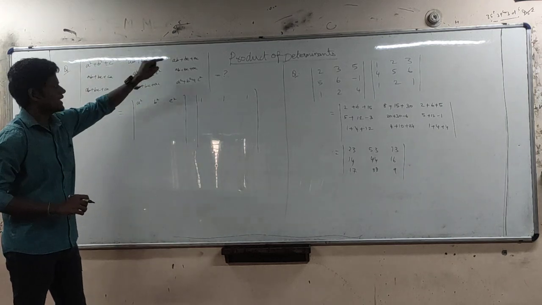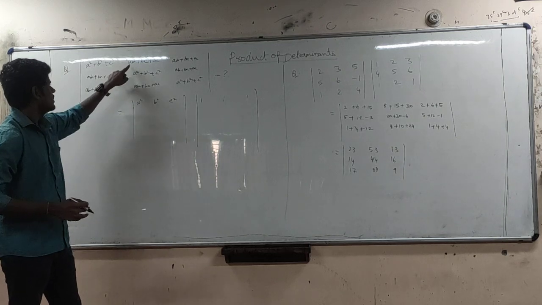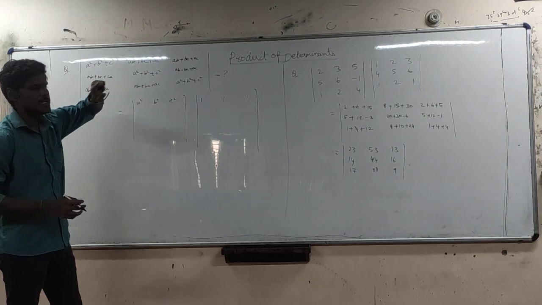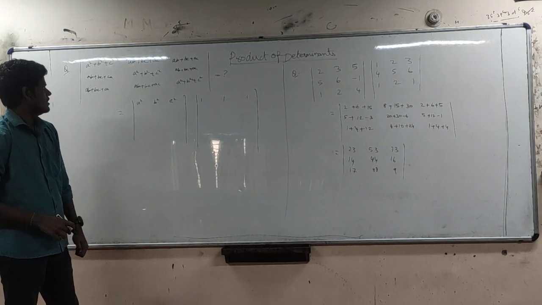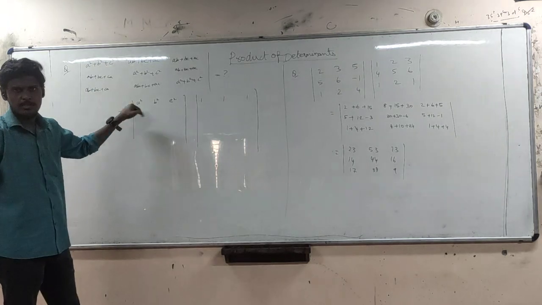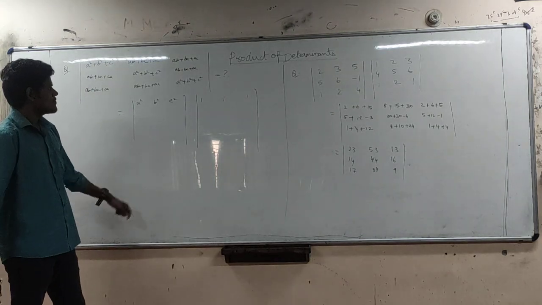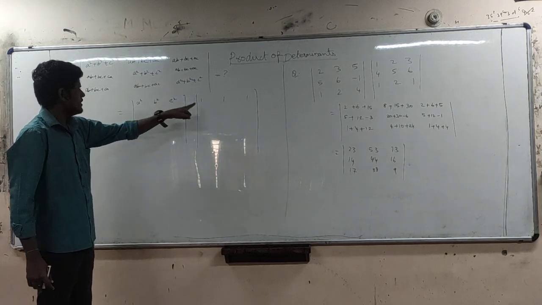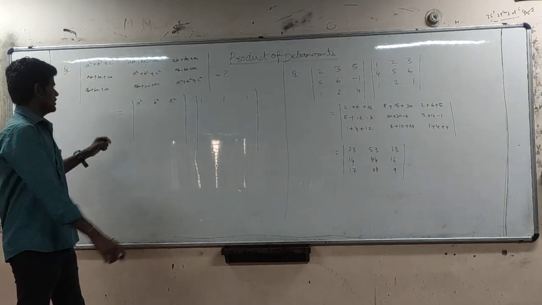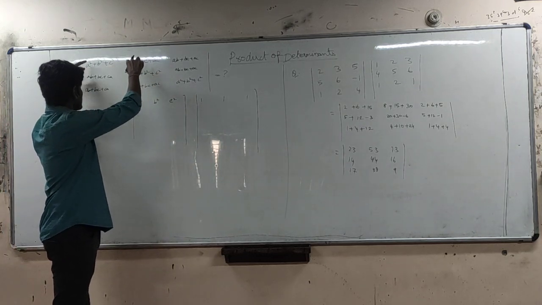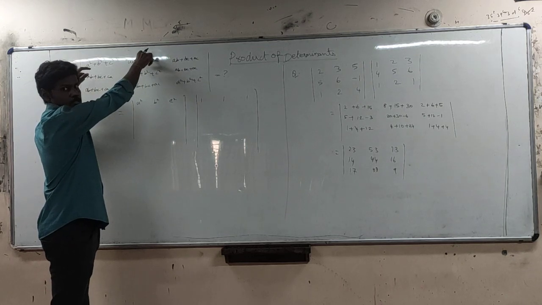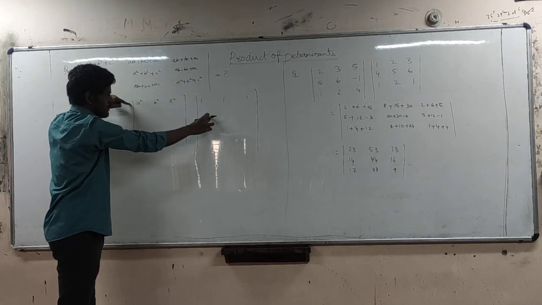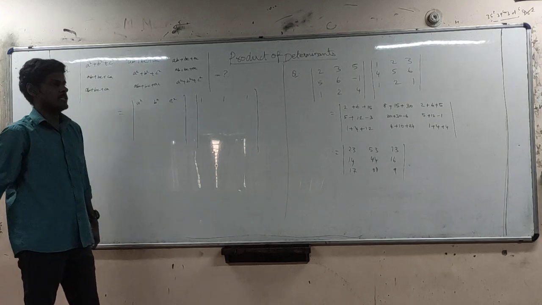Now how to get the second element? Here we have ab plus bc plus ca. We already have a square. If I want to get ab for the first term, this is the first row multiplied by the second row of this determinant.